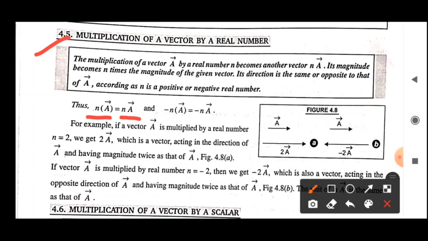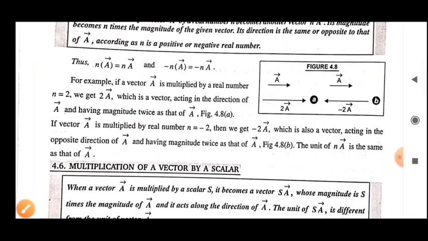Like in this figure, initially we had the vector A. Now this vector is multiplied by 2, so its magnitude is doubled, 2A, you can see. Similarly, here the vector is again A, and we have multiplied it by -2, so its direction is opposite and its magnitude is doubled. So simply, its magnitude is increased by the number of times through which it is multiplied.